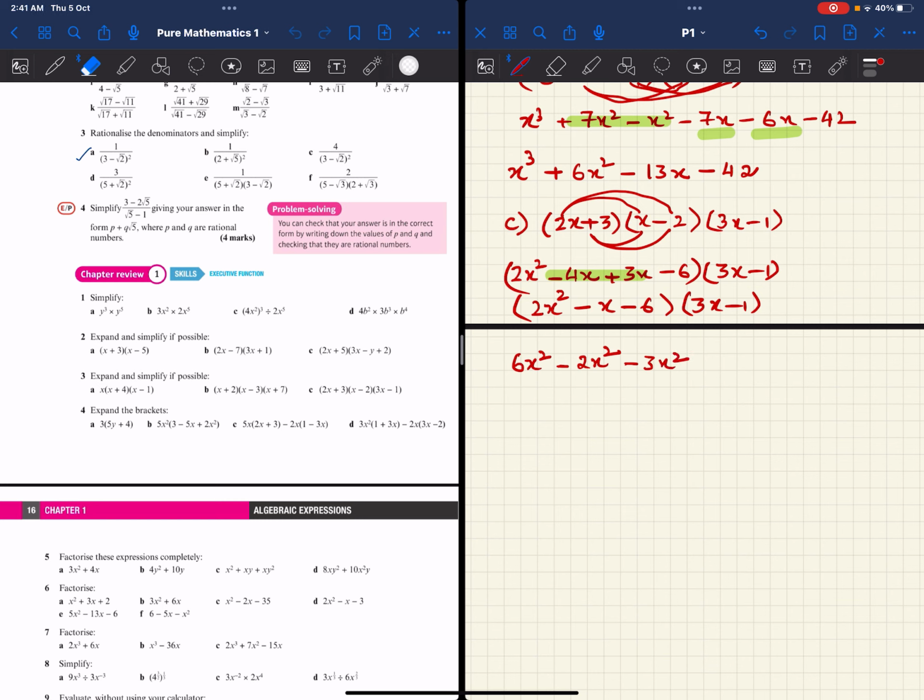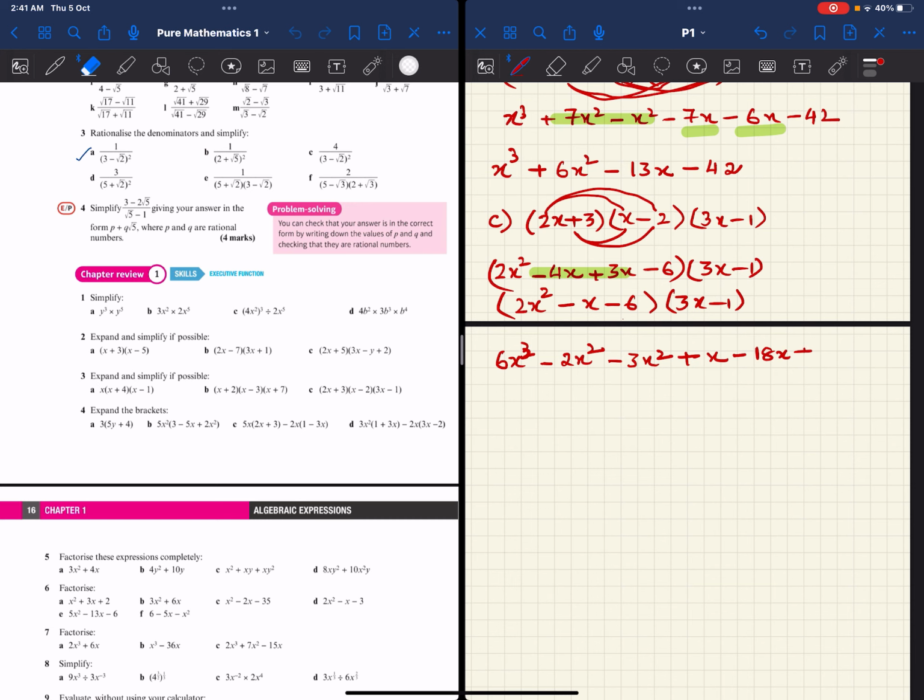Then minus x into minus 1 is plus x. And then lastly, we have the last term from the first bracket. Minus 6 into 3x gives us minus 18x. Minus 6 into minus 1 gives us plus 6.